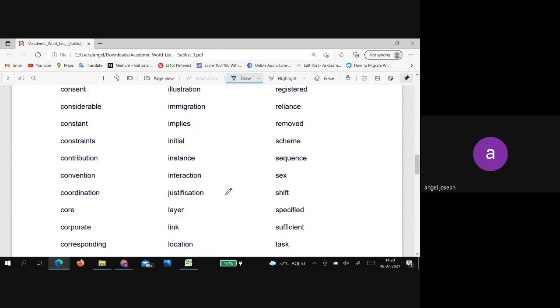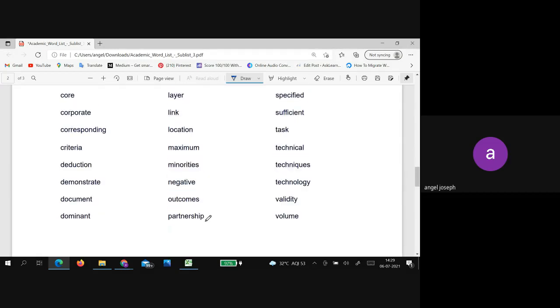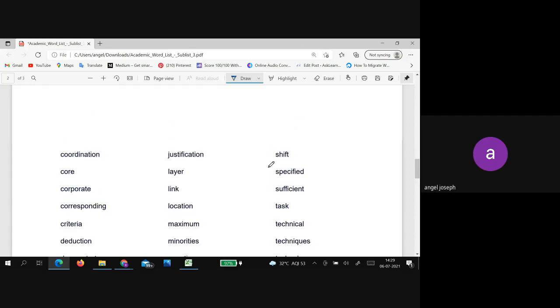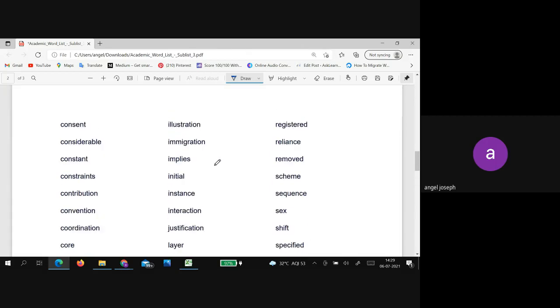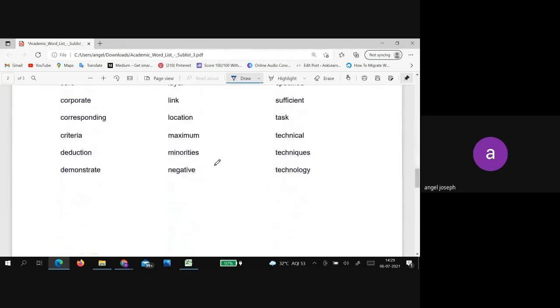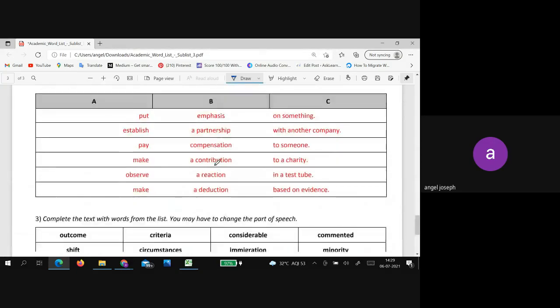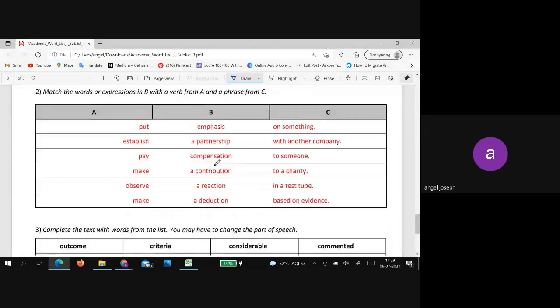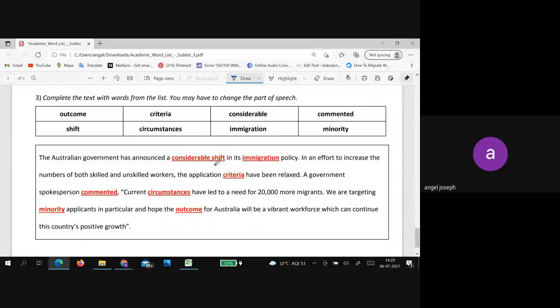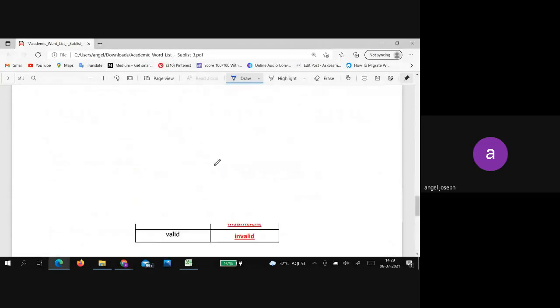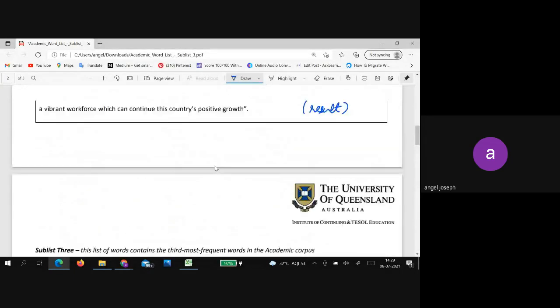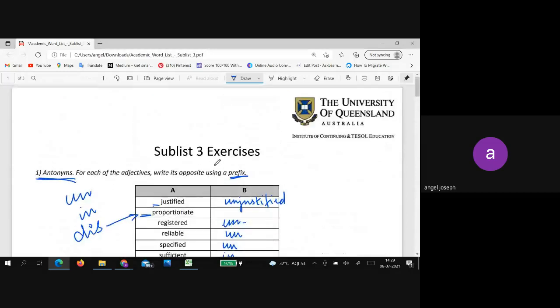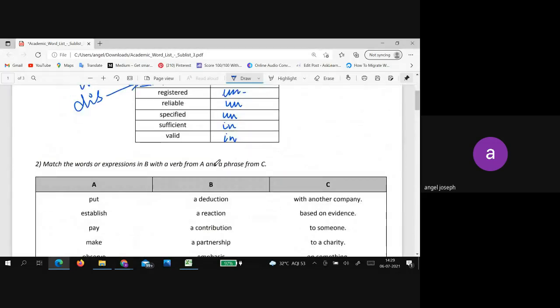All right, justification, shift, layer, link, task, minorities, outcomes, validity, partnership, volume. Here you guys would be like, okay, the words are not that difficult, but this is what sublist 3 is all about. So we'll quickly check this out.